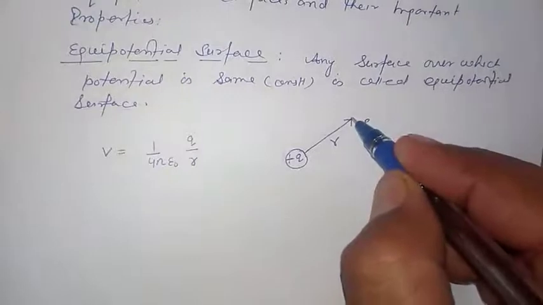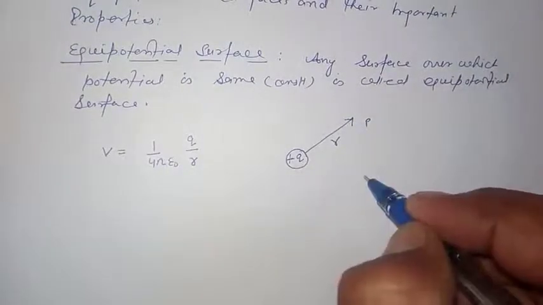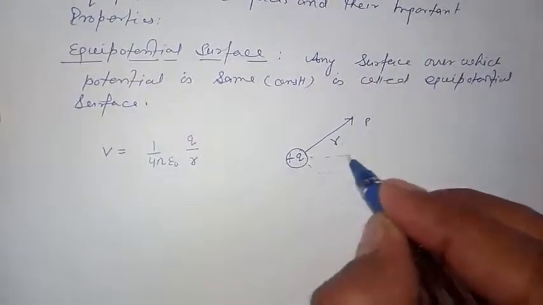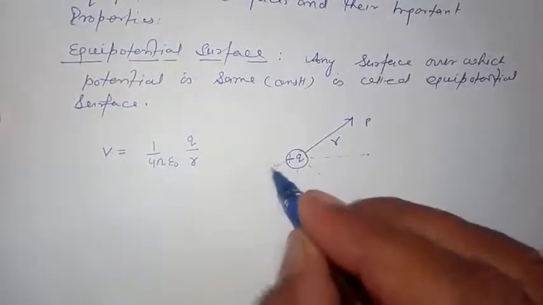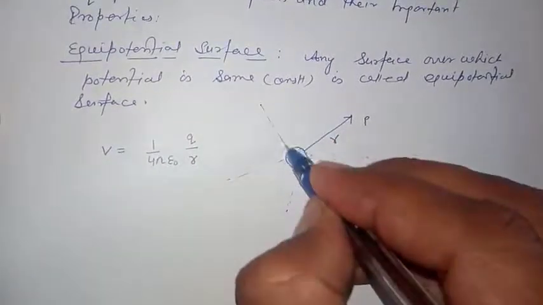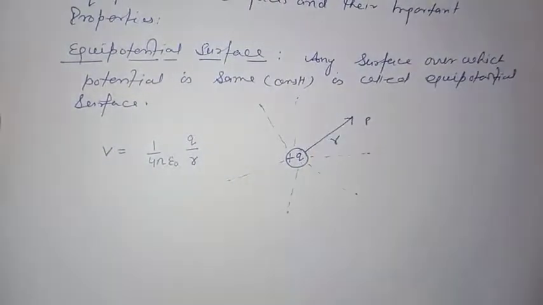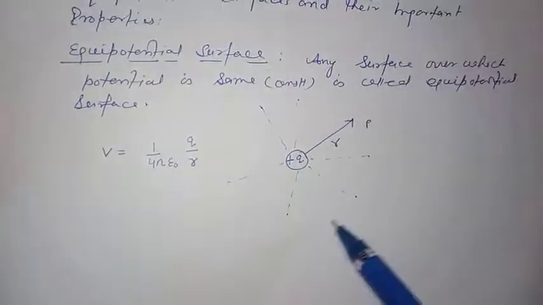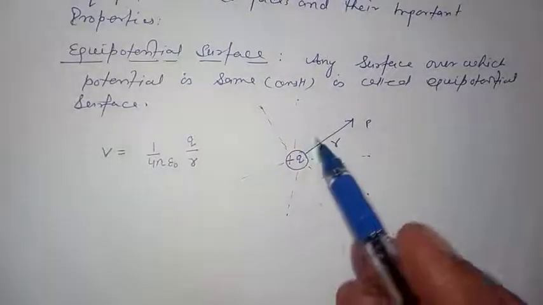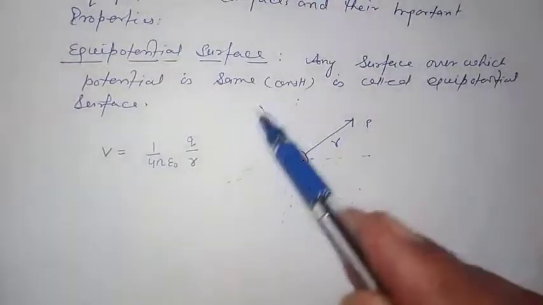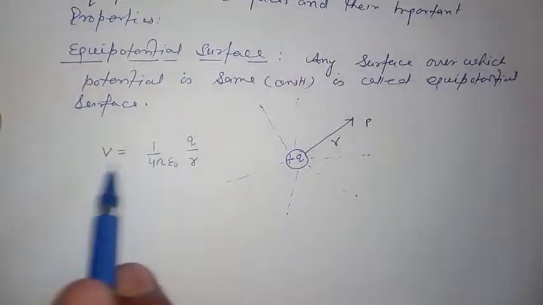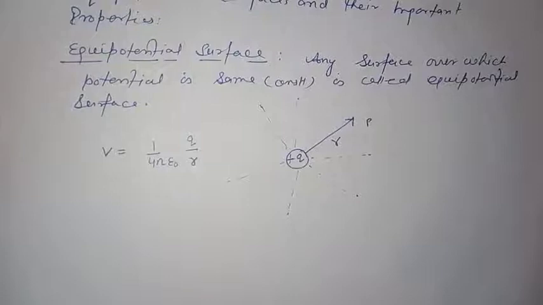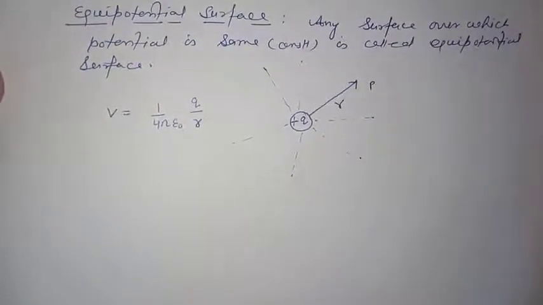If you take points at the same distance R, R, R, R, all these points lie at the same distance, so the potential at all these points will be equal, right? So these points are called equipotential points.